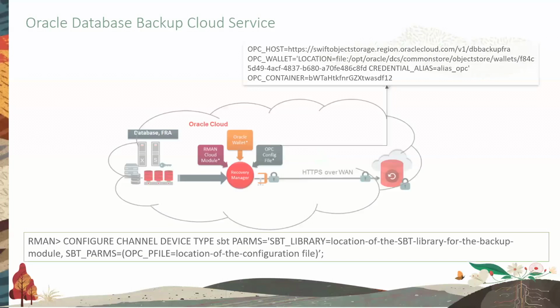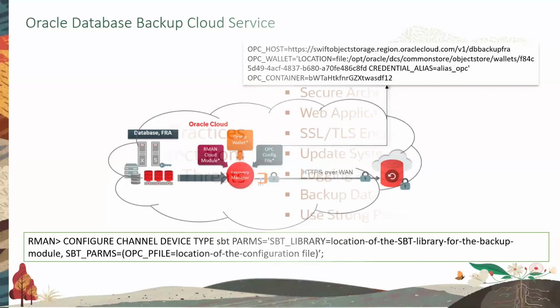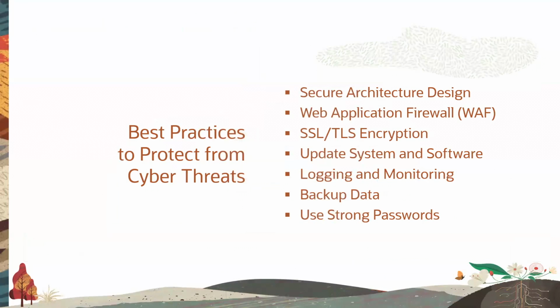For databases running on compute VMs, you can use the Oracle Database Cloud Backup module to take the DB backups to object storage. Security is a continuous process which should be given the highest priority, and these are some of the best practices that can be considered when you have an external EBS node in OCI.